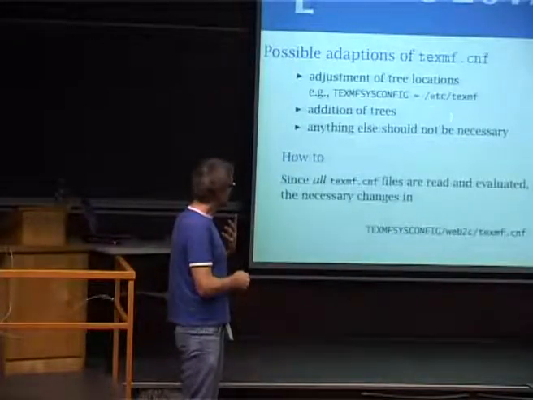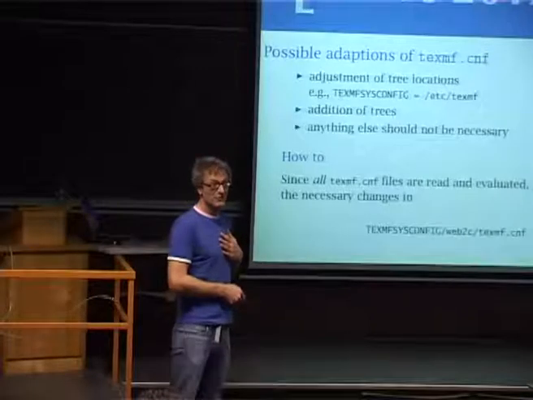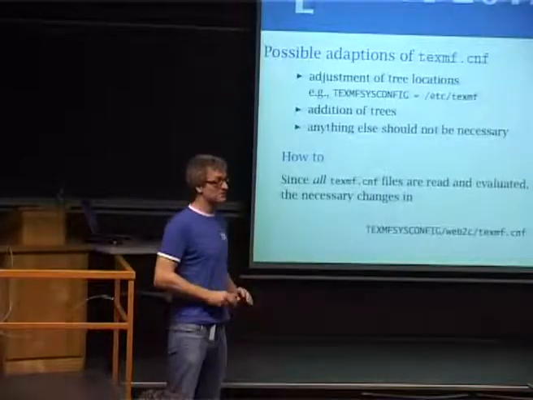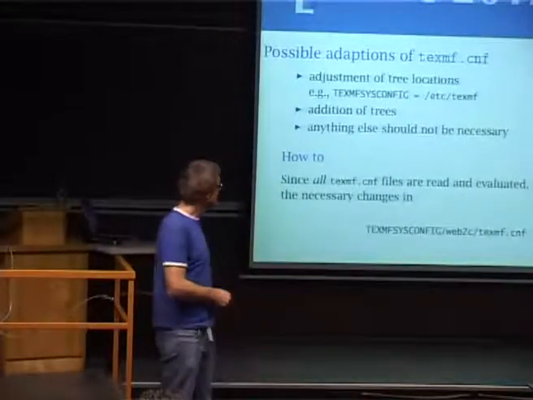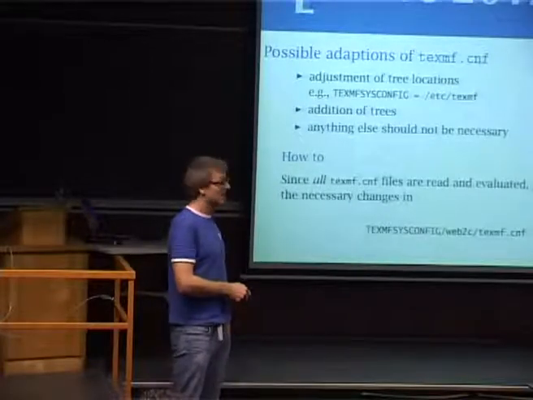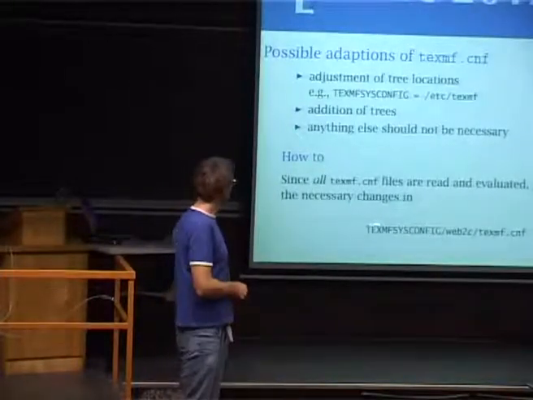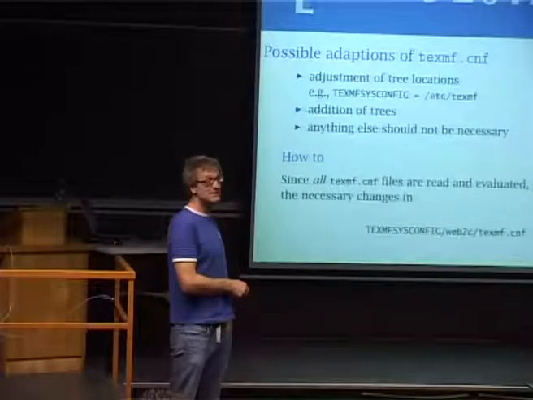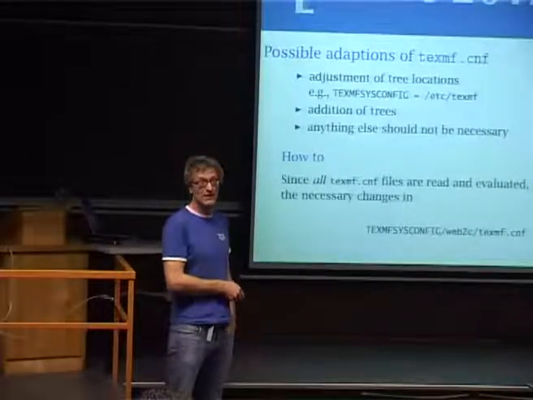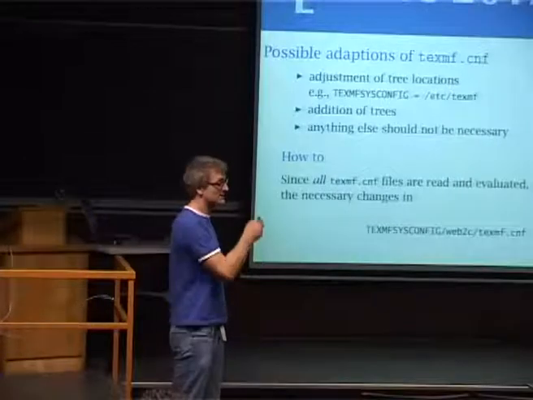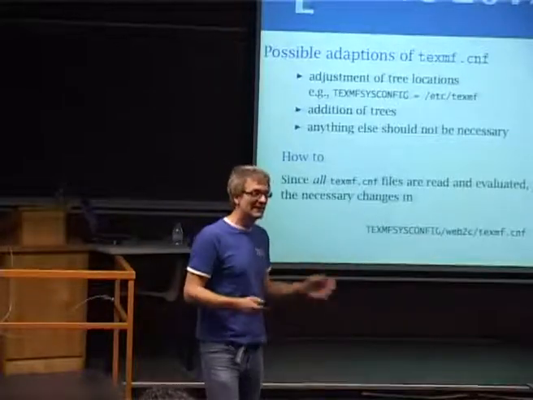Just create a new texmf.cnf file and put in only the changed values, nothing else. It's very easy if you check the Debian system, currently Wheezy with TeX Live 2012. We have a very simple configuration file that consists of 3 or 4 lines, just a few path adjustments. Nothing else should be done.